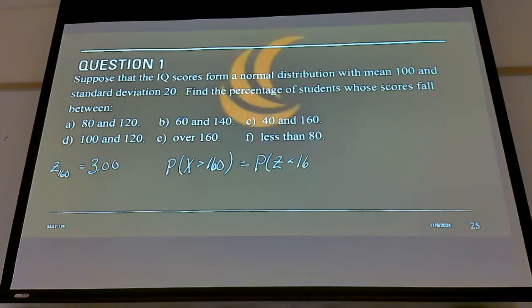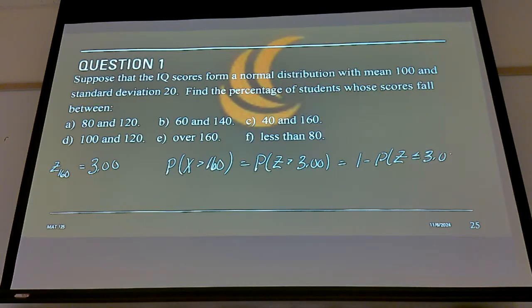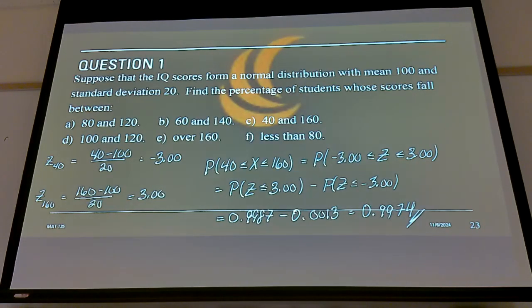So we're looking for the probability that z is larger than 3. That, right? 1 minus the probability that we're less than or equal to 3. Oh, but we did that already. It's 0.9987.